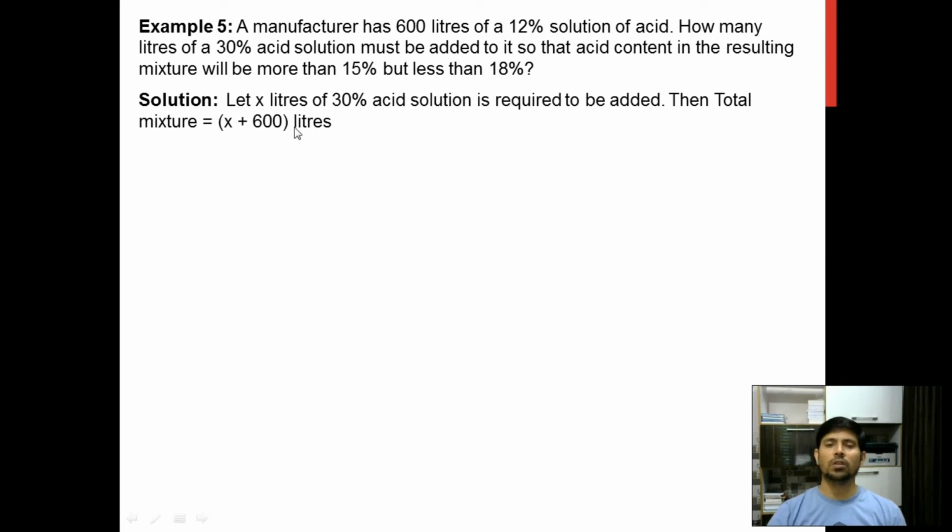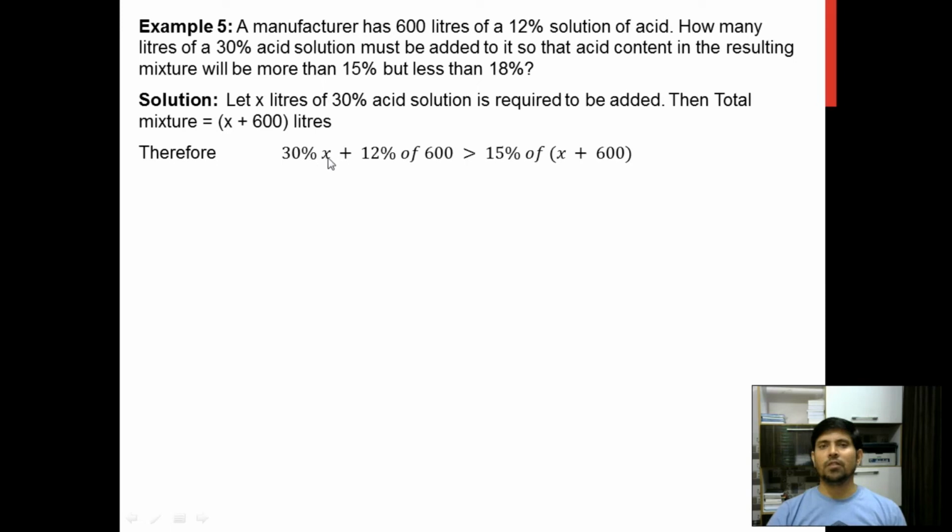Then the total solution will be 600 liters and x liters. The total solution is 600 plus x liters, because x liters of 30% solution is added to the 600 liters of 12% solution. Now according to the question, 30% of x.